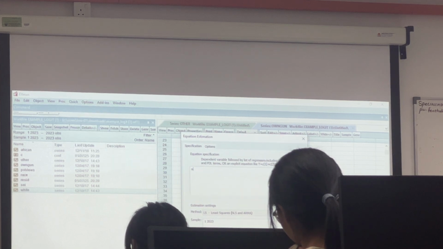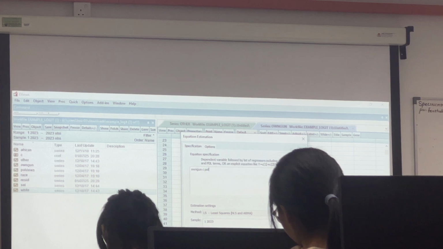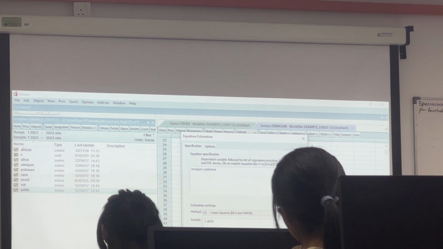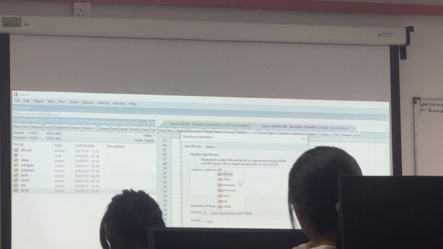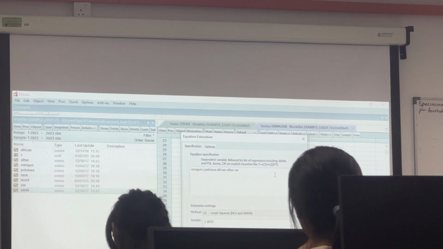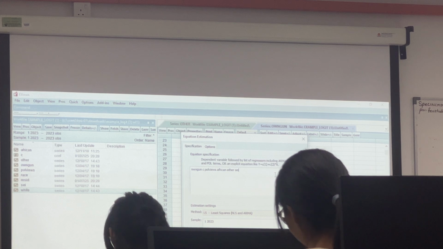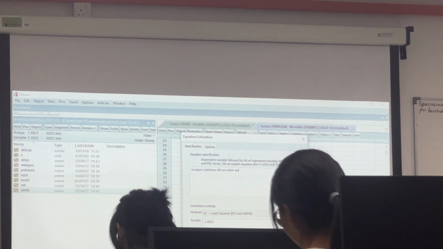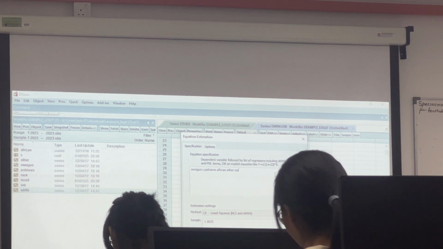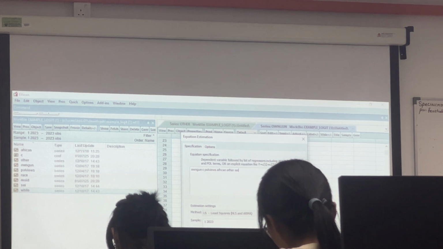We have the dependent variable gun, and C, political views, and then African, others, and then SEI.